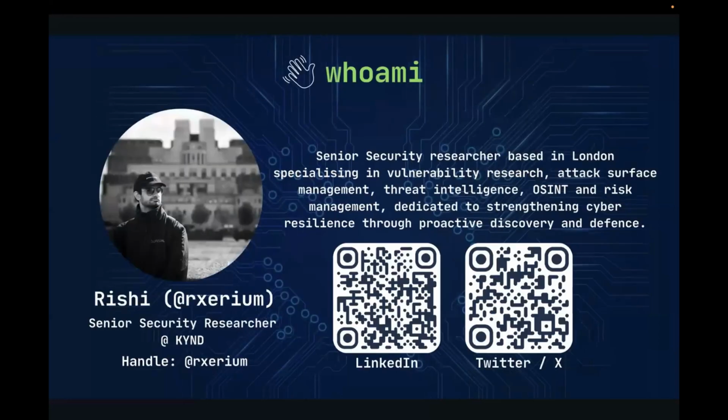So a bit about myself. I'm a security researcher based in London. I work for a cyber risk management company called Kind. We've got offices in London, also Porto and the States.